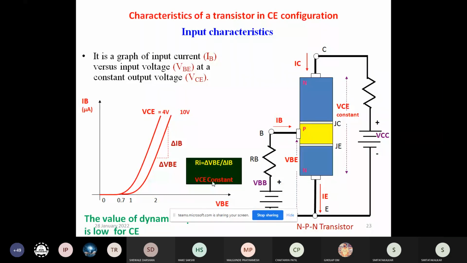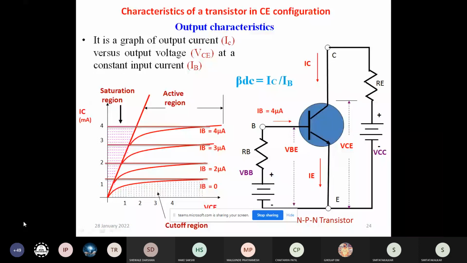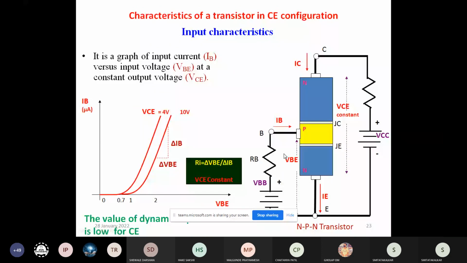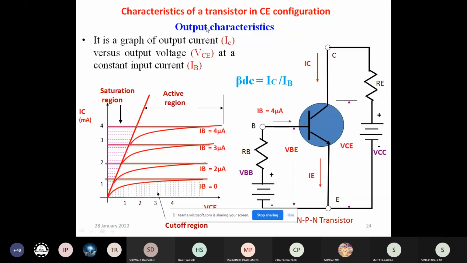On the output side, the collector emitter voltage is constant. Then in the second part, the output characteristic, this terminal is open. In the input side VCE is constant, but in the output characteristics you can see the base current IB, emitter current IE, and collector current IC.